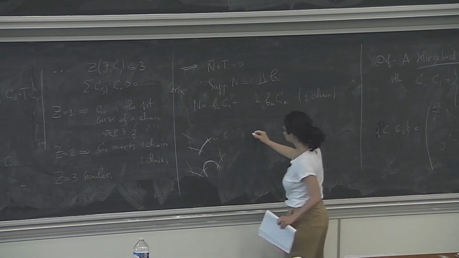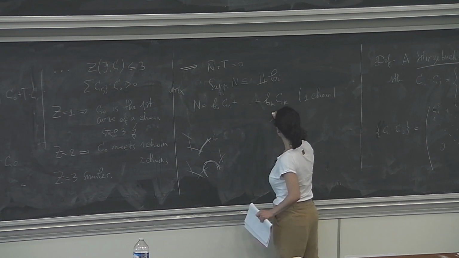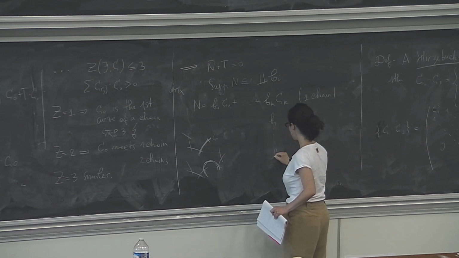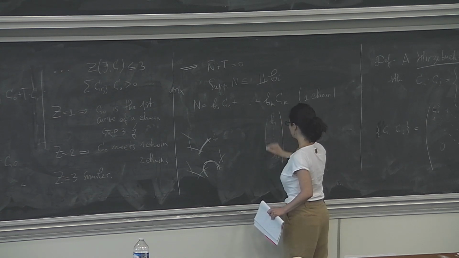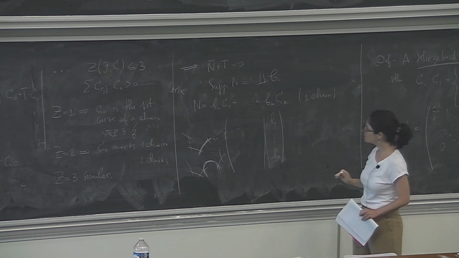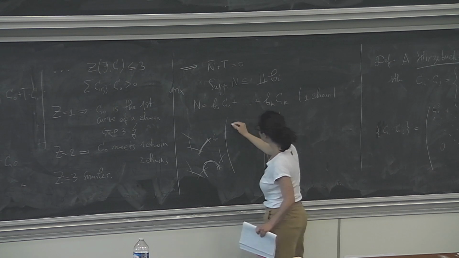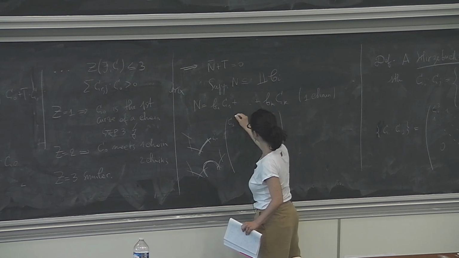And then those B1, BK, they are completely determined by the intersection matrix of the chain.